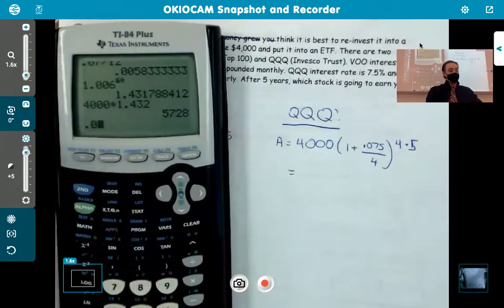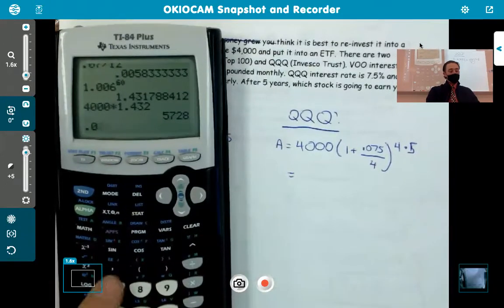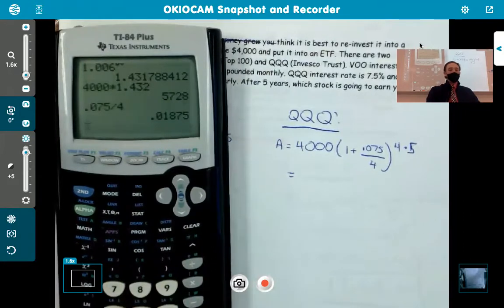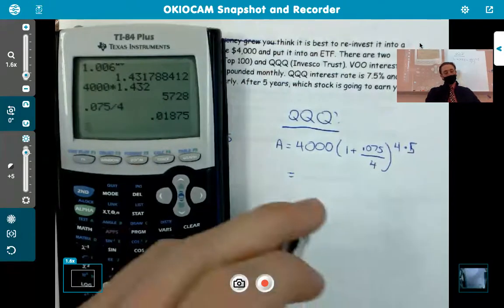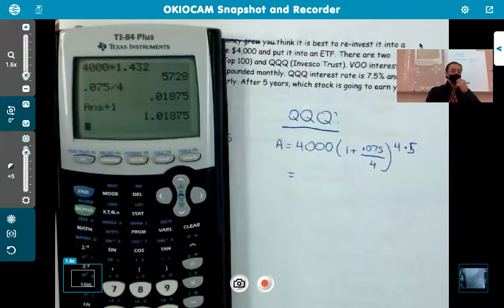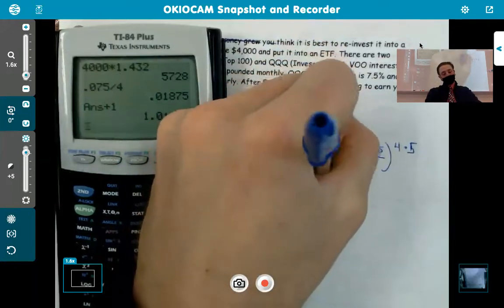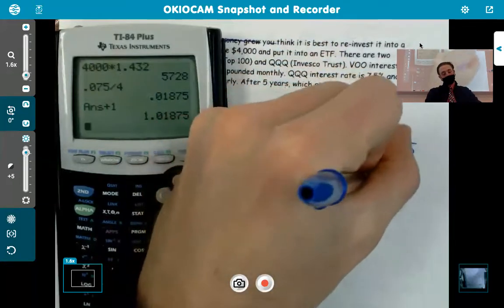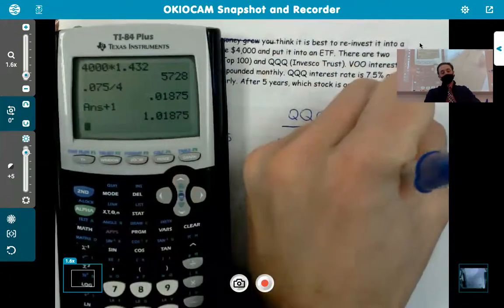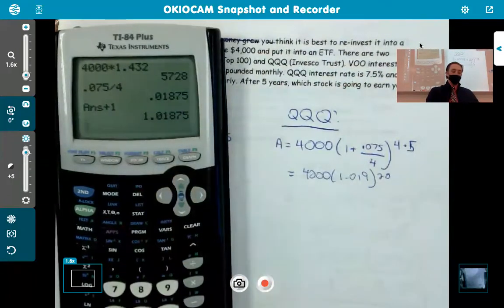So when I plug this in, 0.075 divided by 4, I get 0.01875. So we'll call that 0.019. And then we'll add 1 to that. So I have 1.019 raised to the 20th power from the 4 times 5.